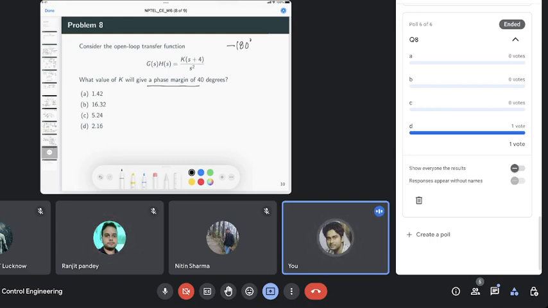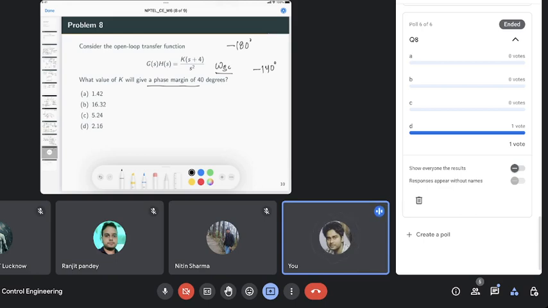Because the phase margin is given as 40 degrees, it means how much phase lag you can still afford to get to the point of instability, that is minus 180 degrees, at the point of gain crossover, that is when the system gain is 1. So let the gain crossover frequency be denoted by this. At this point the phase angle should be minus 140 degrees, as you have told.